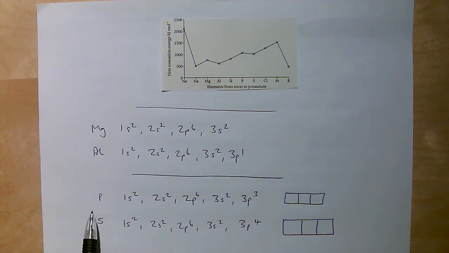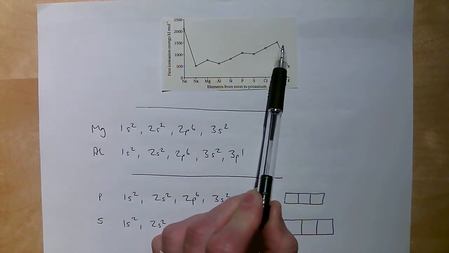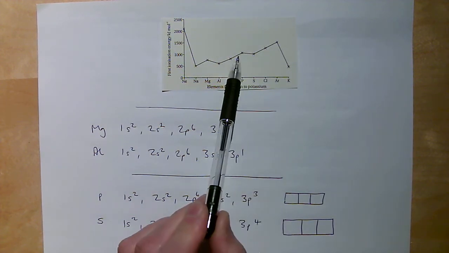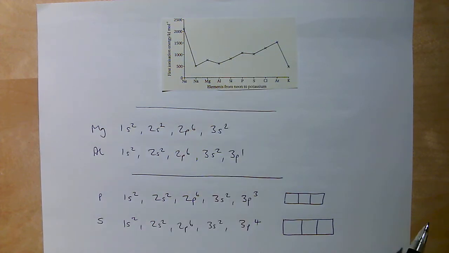Now let's have a look at phosphorus and sulfur. Again, the general trend across this period is that the first ionisation energy increases, but as we go from phosphorus to sulfur, you can see that the sulfur first ionisation energy is slightly lower than that of phosphorus. So again, we're going to look at the electron configuration of the elements and see from which subshell the outermost electron is being removed. Phosphorus has the electron configuration 1s2, 2s2, 2p6, 3s2, 3p3.